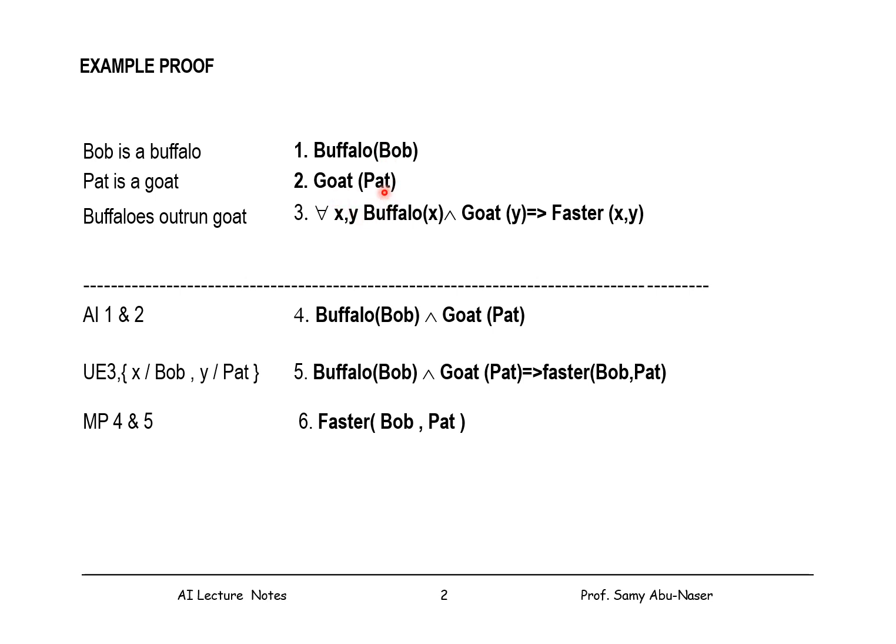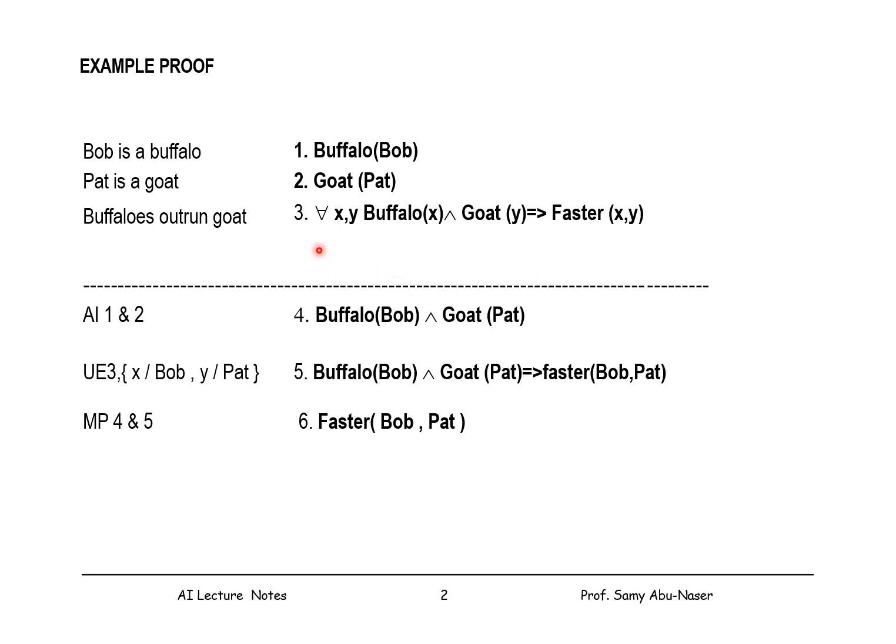Bat is a goat, we translate to Goat(Bat). Buffaloes outrun goats, talking generally: for all x and for all y, if x is a buffalo and y is a goat, then x is faster than y. Outrun means faster.